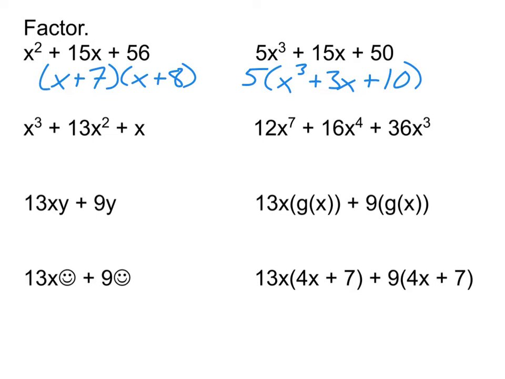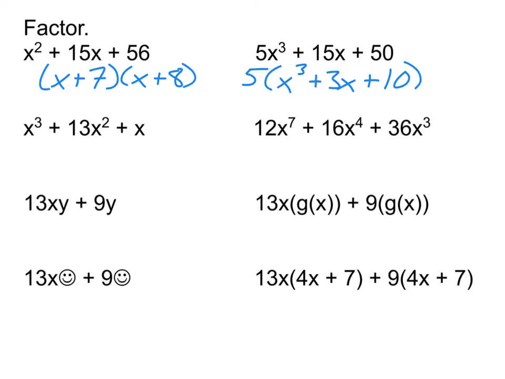All right. Next one. The x cubed plus 13x squared plus x. Yes, it has an x squared in it, but that's not the biggest exponent, so no, we're not going to do add to multiply to there. But I can do factoring kind of like what I did up here, because there's something I can pull out of every single term. There is an x in every term.